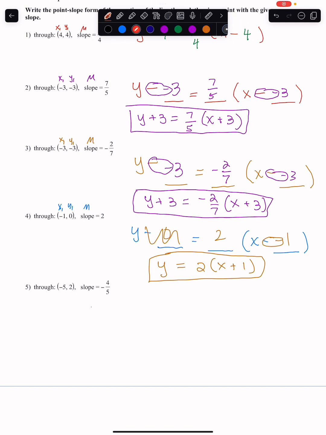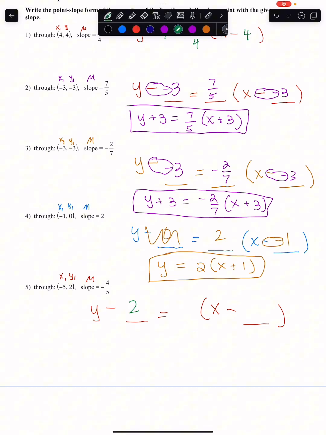And here we go. x1, y1, that's m. So my y1 is 2. Oops, I got to get rid of this m, because I need to put something right there.